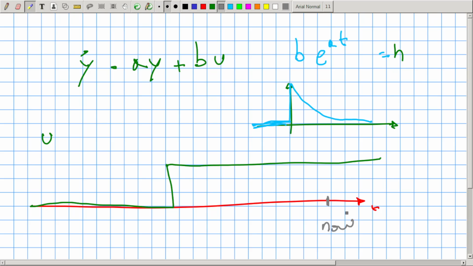How do I get the output of the system, given this input, this time, and this impulse response? We saw it last time, yesterday, true? How do we do it? Convolution. I take this one, I put it here, I do the multiplication, and I do the integral.